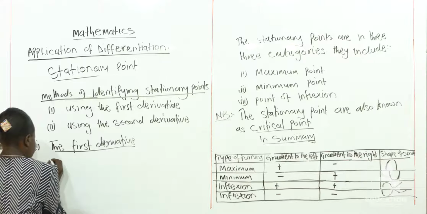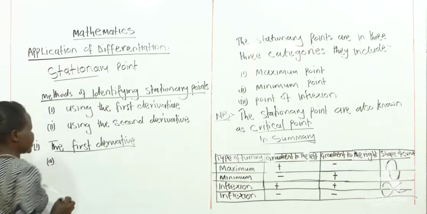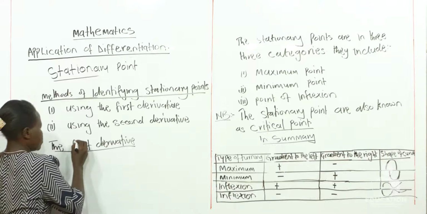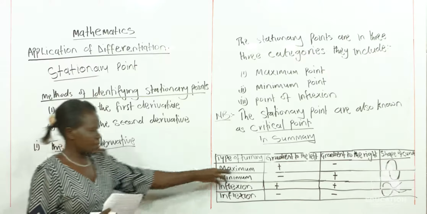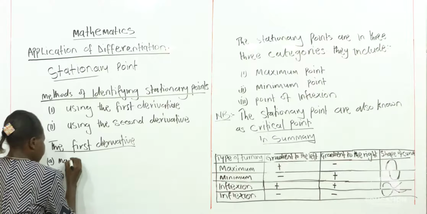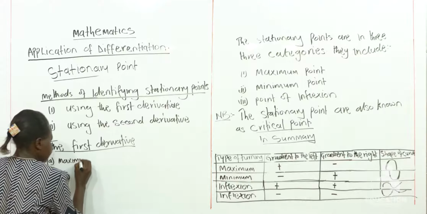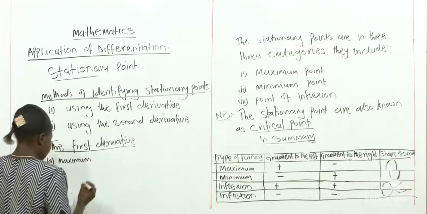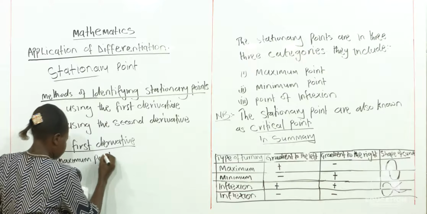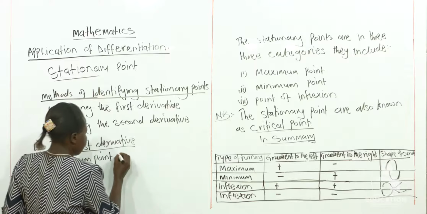The first derivative, in identifying that what has come out is a maximum turn. So we say maximum point of a function.